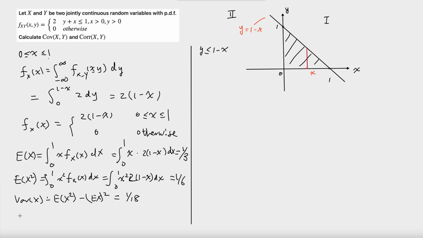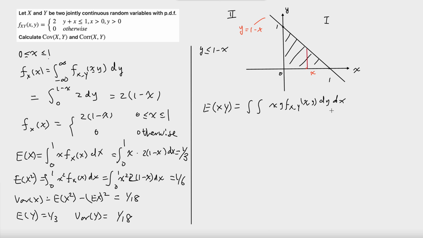Now similarly, we can compute the expected value of Y, which is also equal to 1 over 3. The variance of Y is equal to 1 over 18. Now to compute the covariance of X and Y, let's first compute the expected value of X times Y, which is equal to the integral of xy times the joint density of X and Y, dy dx.